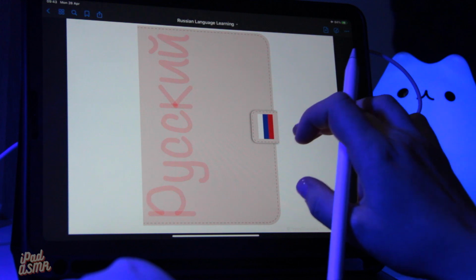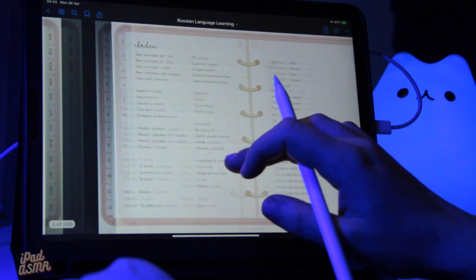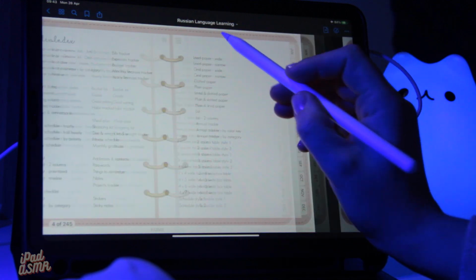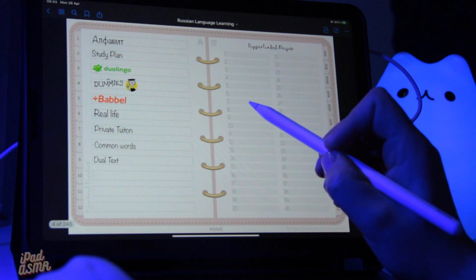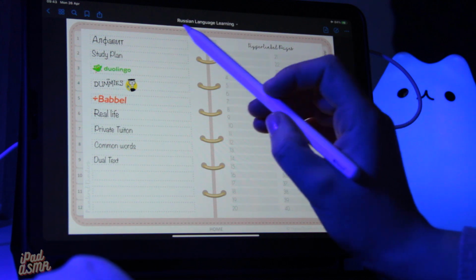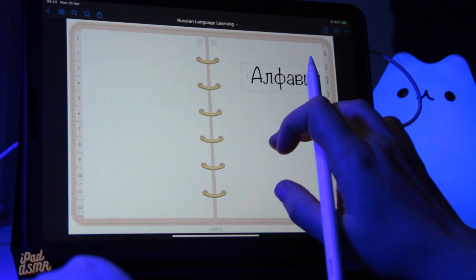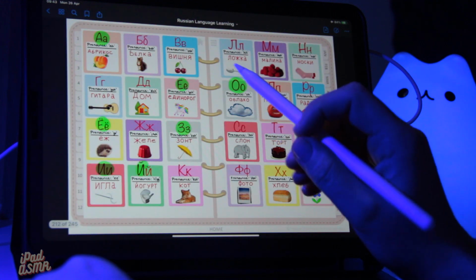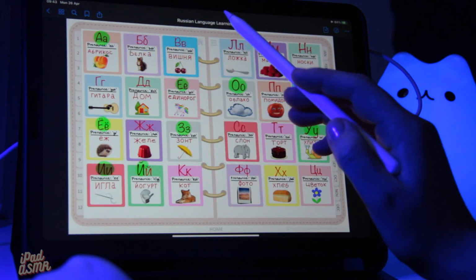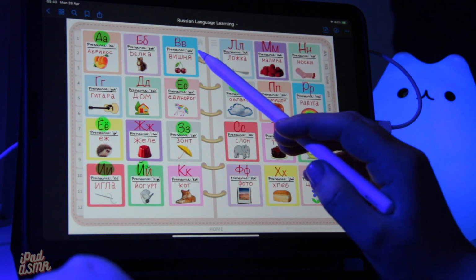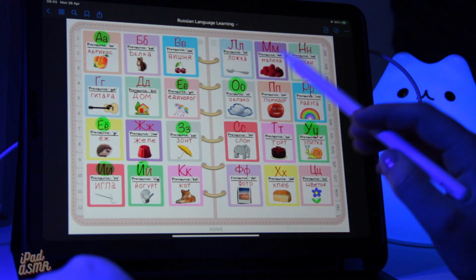So let's open this up. We're going to go onto my hyperlinks here. Now you'll remember last time we looked at the alphabet, right? And we looked at all the different letters, and the words corresponding to those letters.